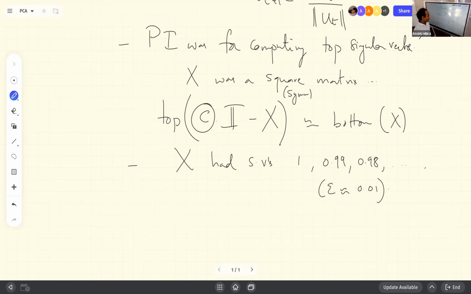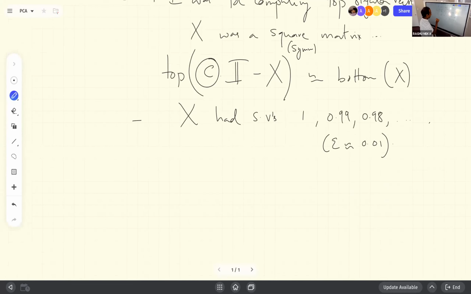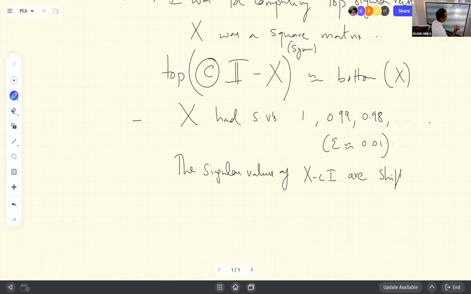Right? But on the other hand, the singular values of X minus cI are shifts of these, so let's say these are all 0.99.